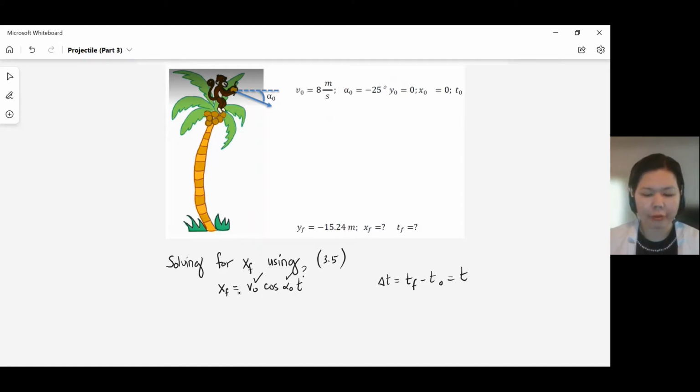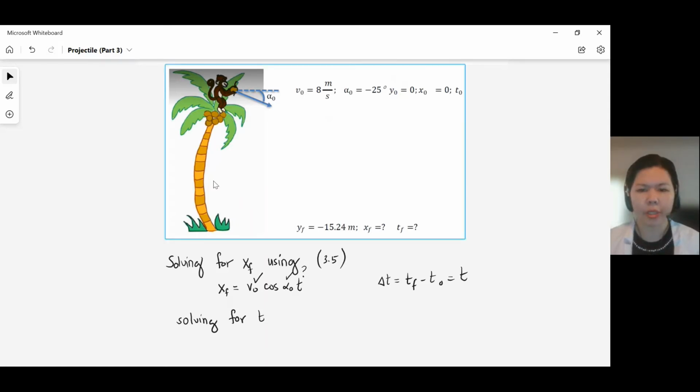So for t, we use the other equation. We use 3.7.